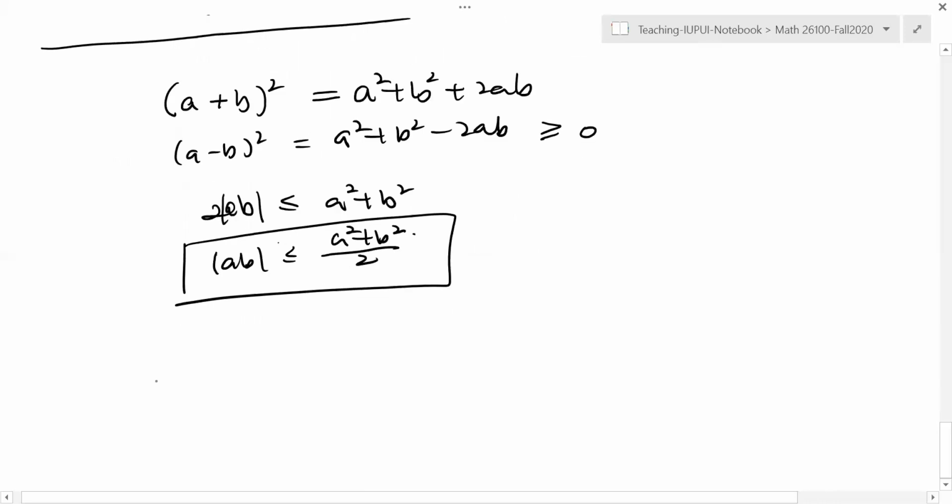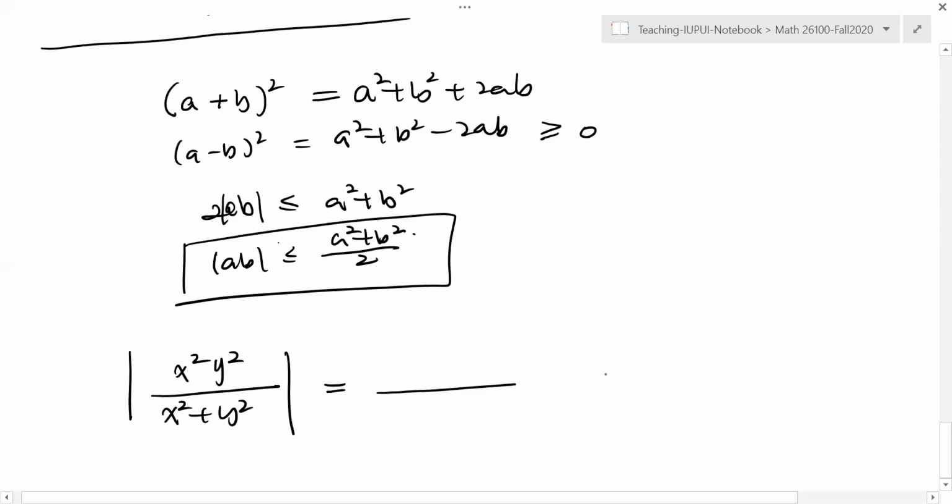So now we come to the function. We look at x squared times y squared over x squared plus y squared. I'm trying to use the following: x squared plus y squared is x times y here.